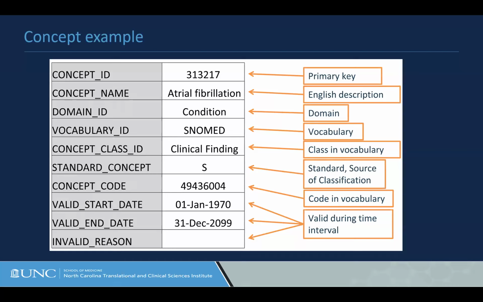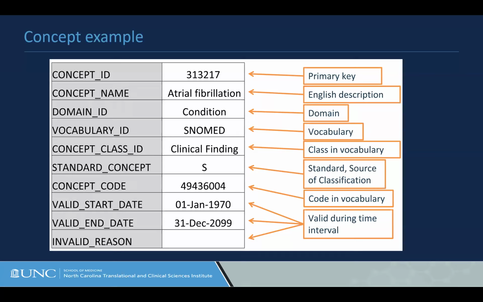You get the domain ID, which really relates to what OMOP table would I likely find this in. So here, this is likely going to show up in the condition occurrence table. And then you start to get some information about the vocab source that this concept is getting mapped in from. So this is coming from SNOMED. Within SNOMED, it's a class of a clinical finding.